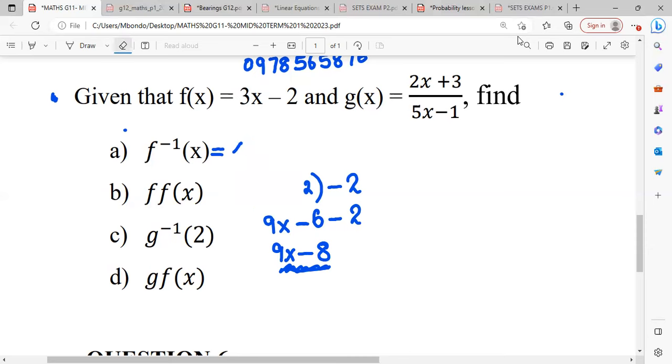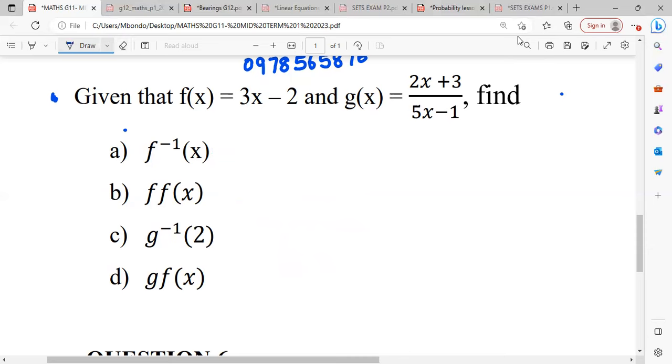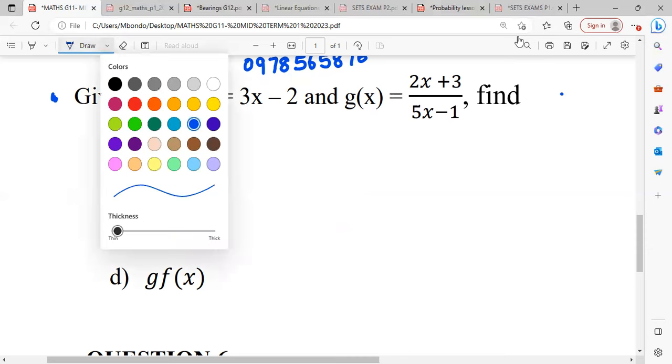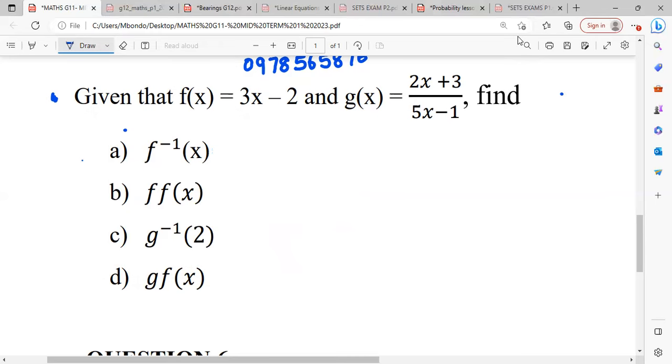So we go to the next one, which is now the inverse also, the inverse of the g function.